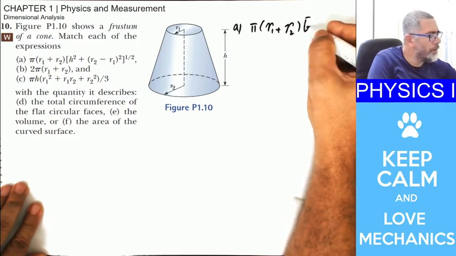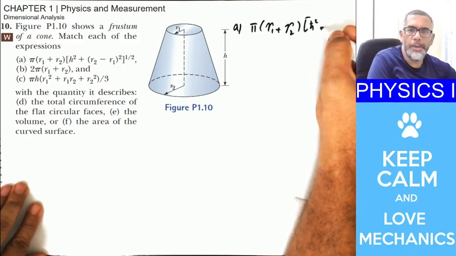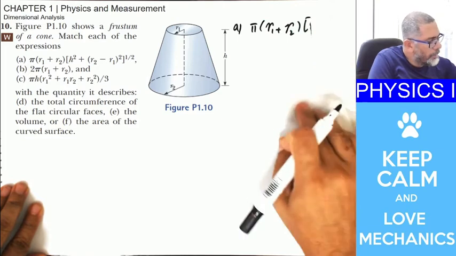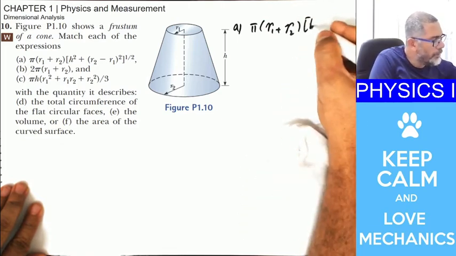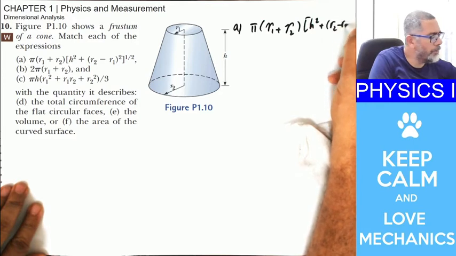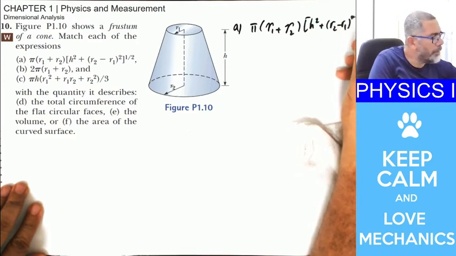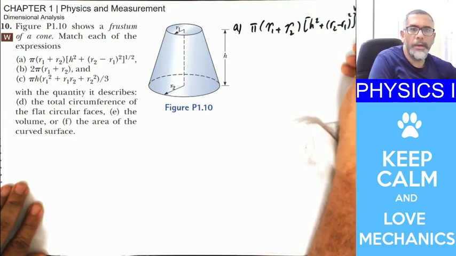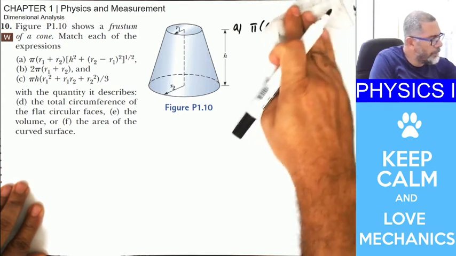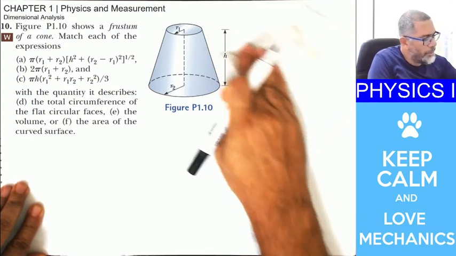It is h square plus R2 minus R1 square, and the square bracket has, pardon my writing, it's not fitted over here.